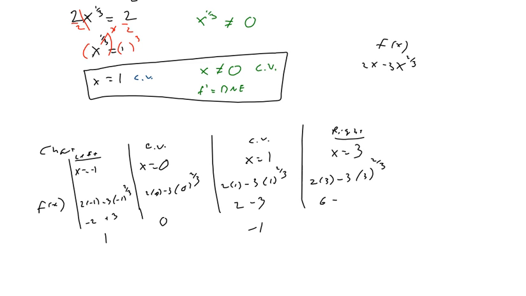To the power of 2/3. It's like 6.24, which is going to be -0.24. So it looks like we have our max and min. Here's our max.